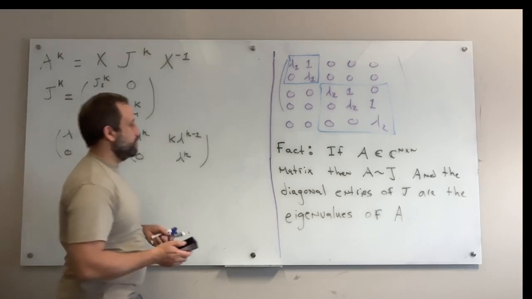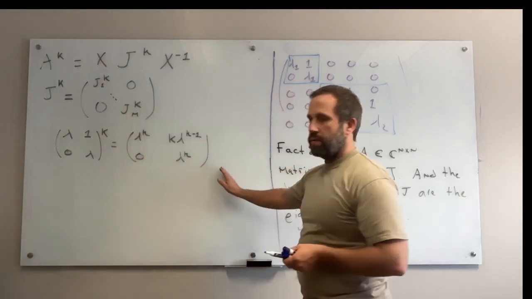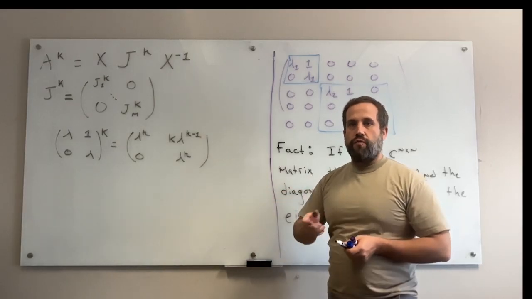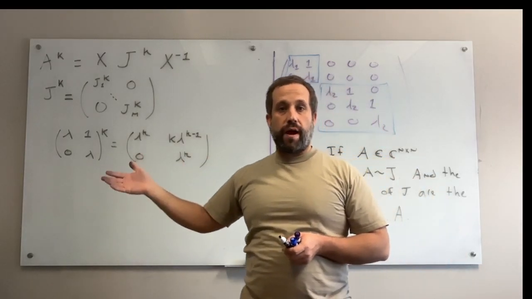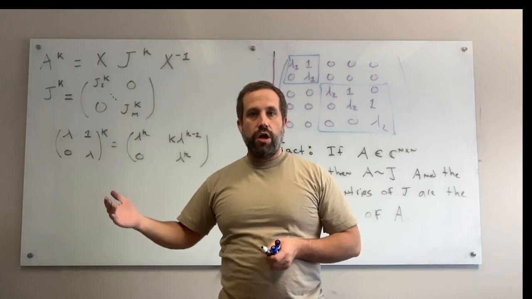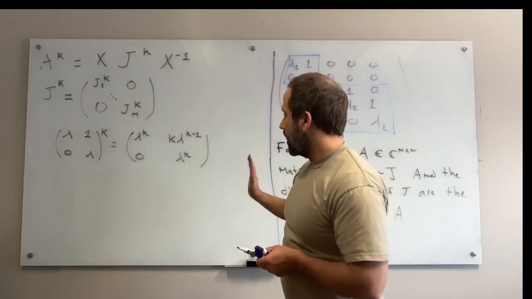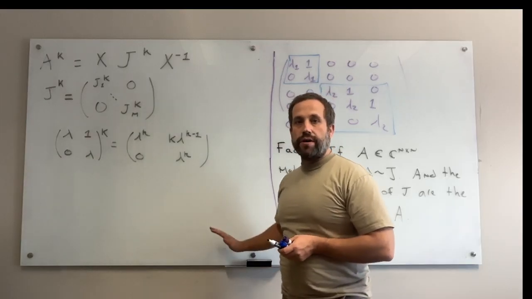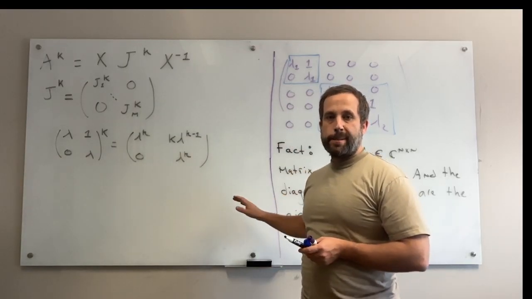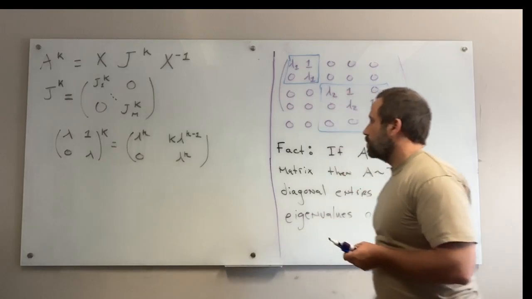Okay, and that's what we're going to have here. I'm not going to show you the formula for a 3 by 3 Jordan block, a 4 by 4 Jordan block, and so on and so forth. It gets a little more complicated, but it is going to be something very similar to this. Okay? All right.